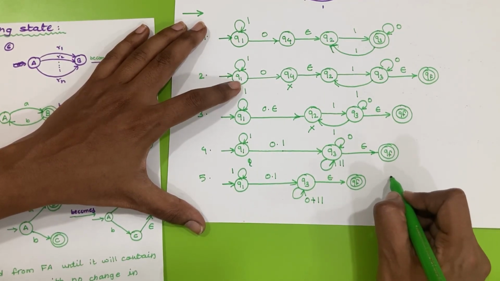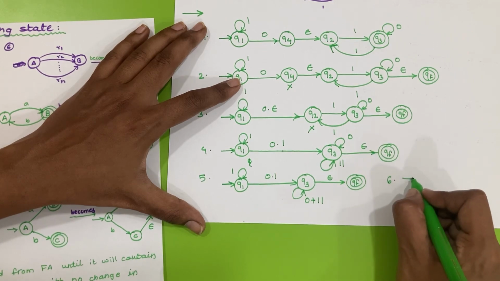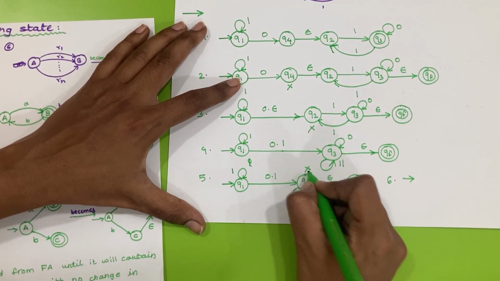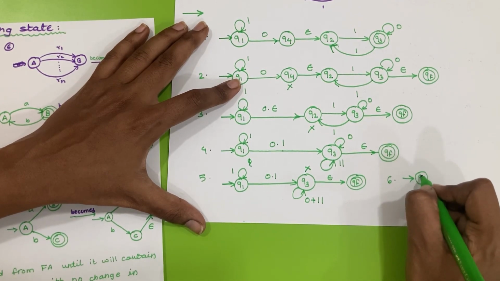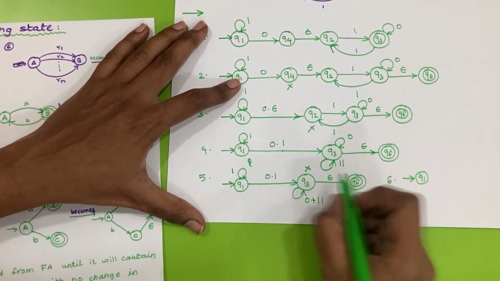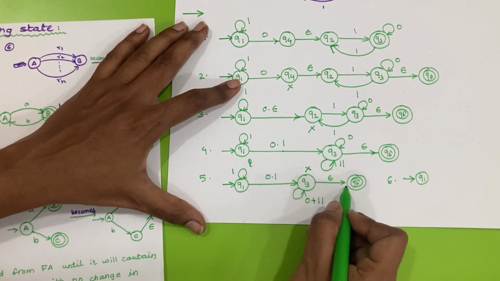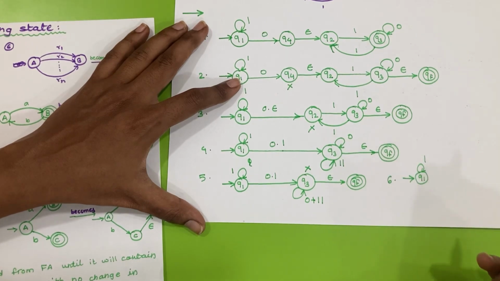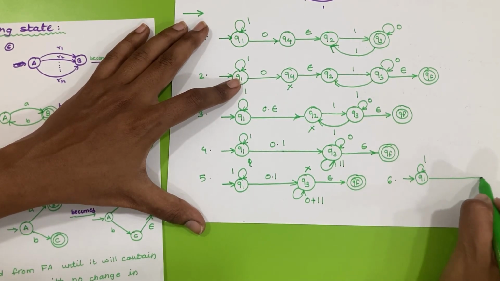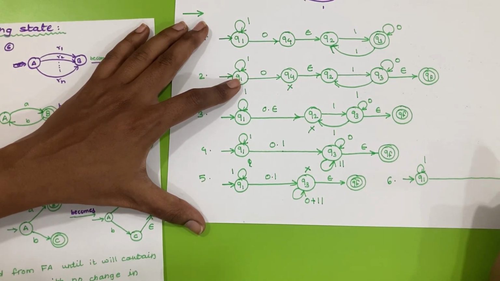So the 6th step will be, we will remove this state Q3. After removal, what will happen? We have the transition for 1 here, and then we will move from Q1 to QF.